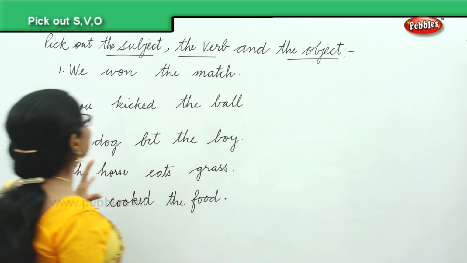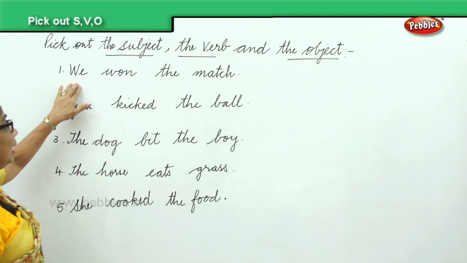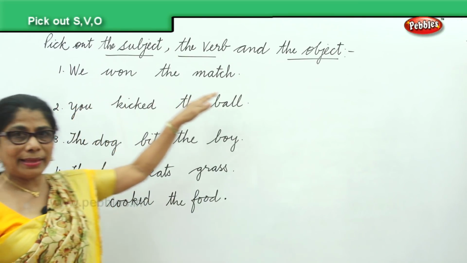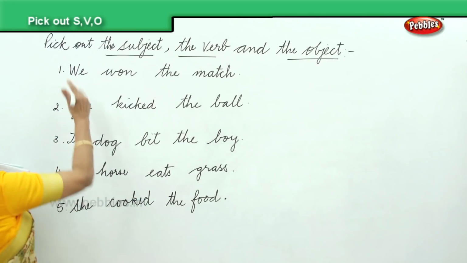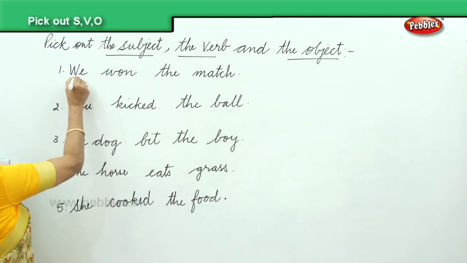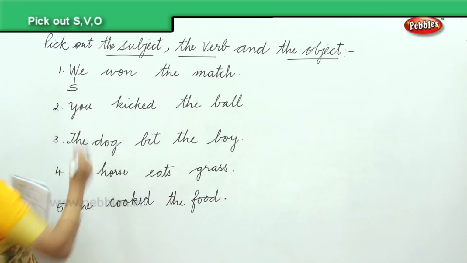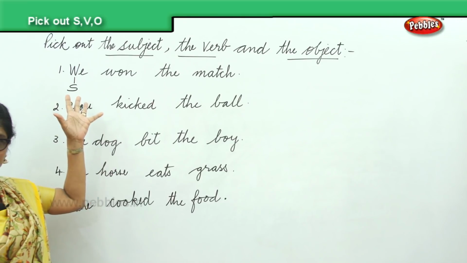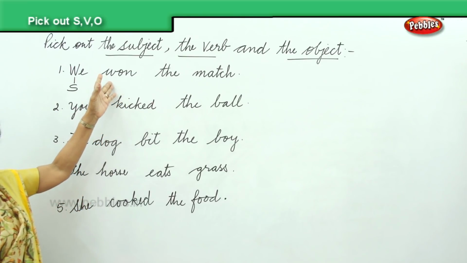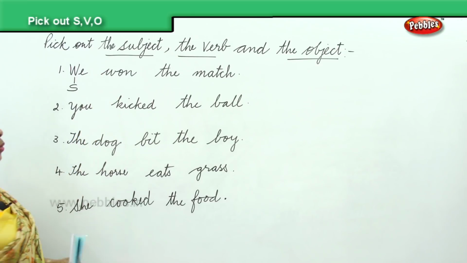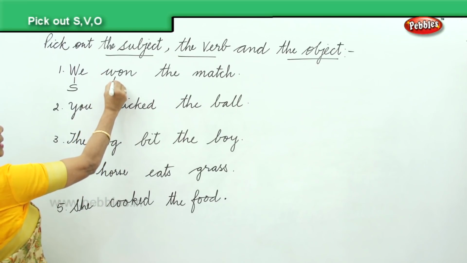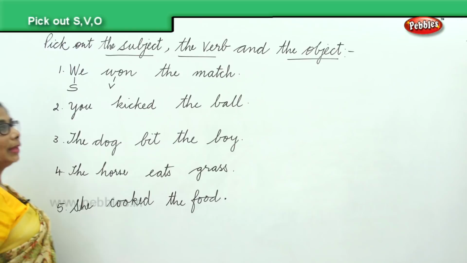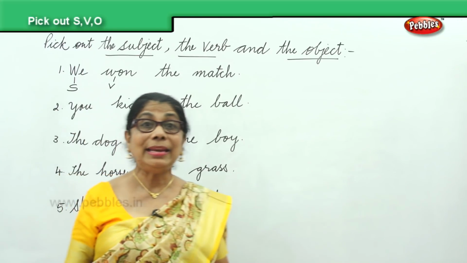Now, let's look at it. We won the match. We. So, we will write S for the subject. Okay? We. Won. That is the action word. And that's a verb. And what did we win?